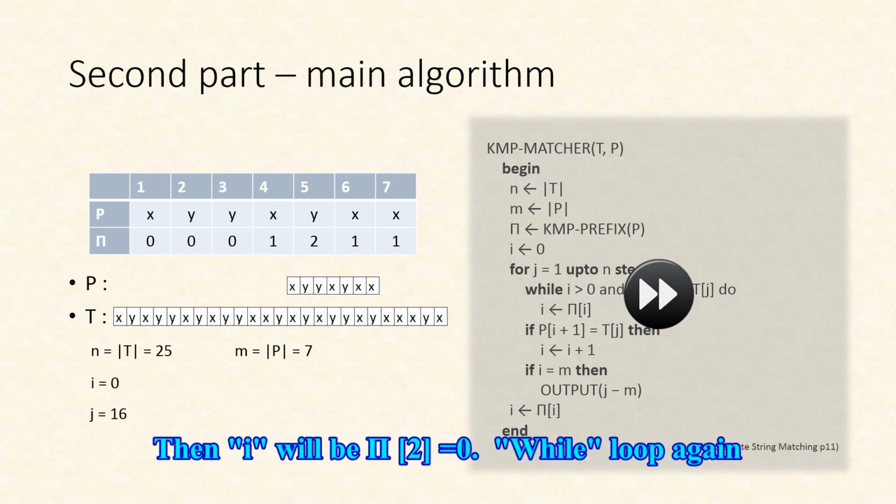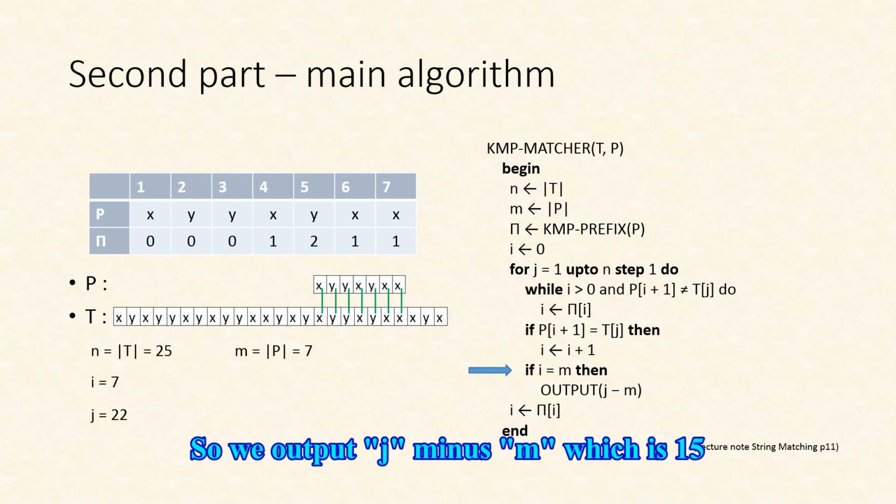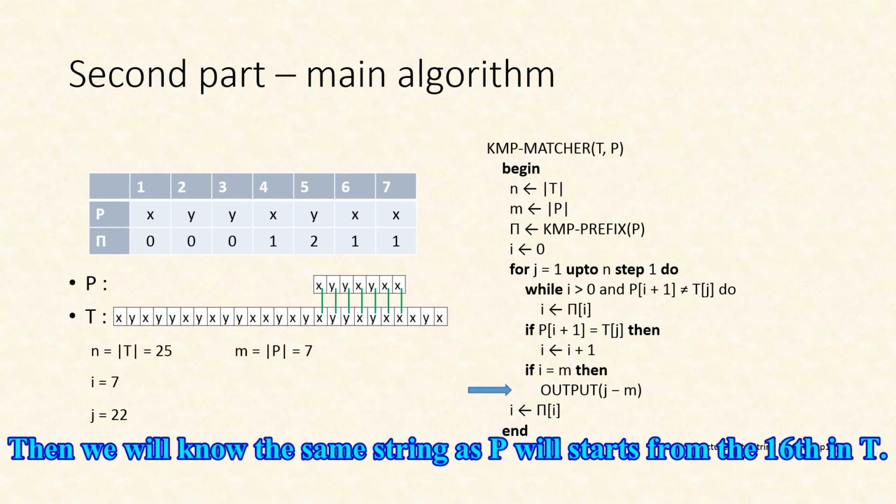Then i will be pi[2], 0. While loop again. If we keep doing like this, finally we will get i equal to 7 when j is 22. So we output j minus m, which is 15. Then we will know the same string as P starts from the 16th position in T.